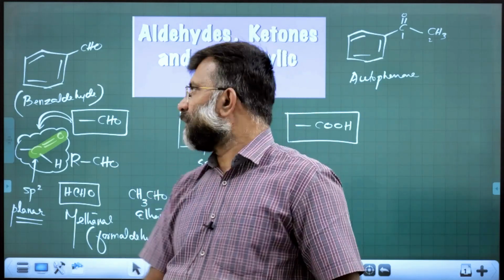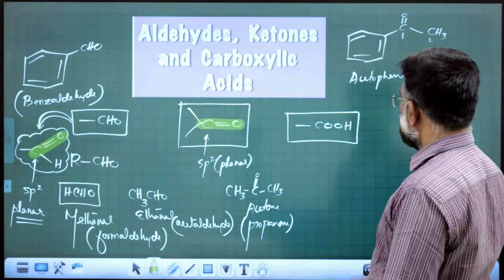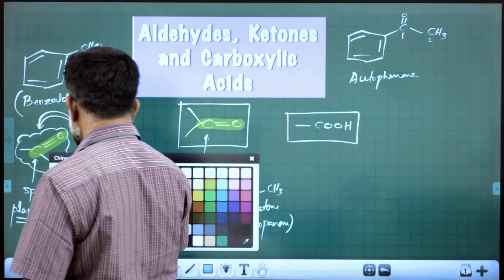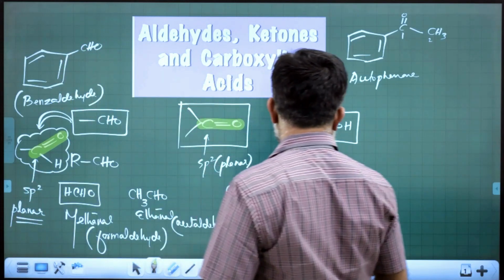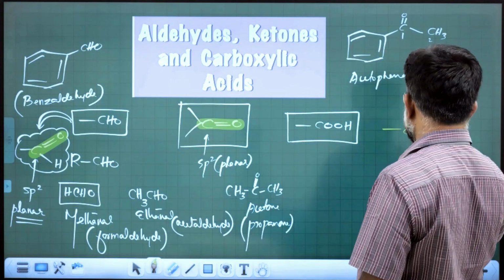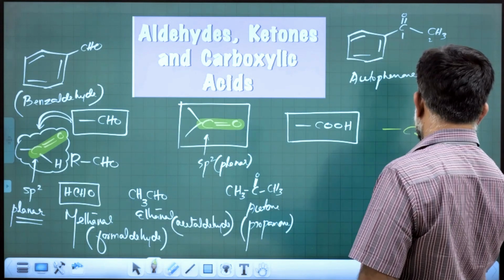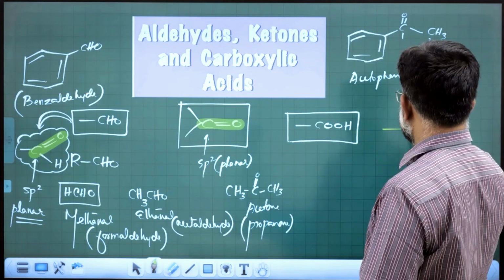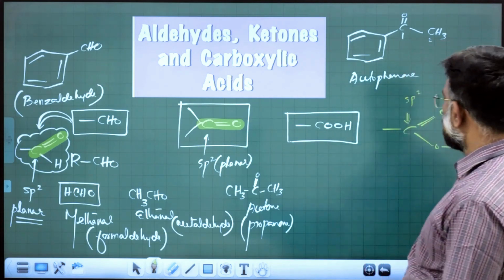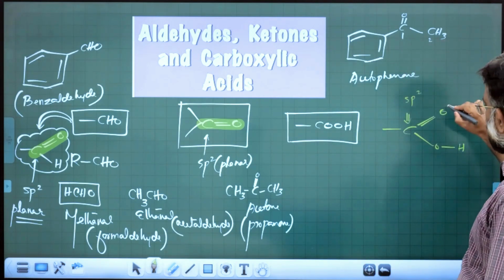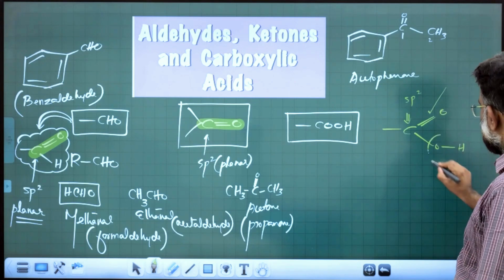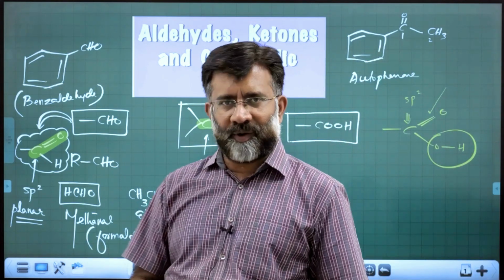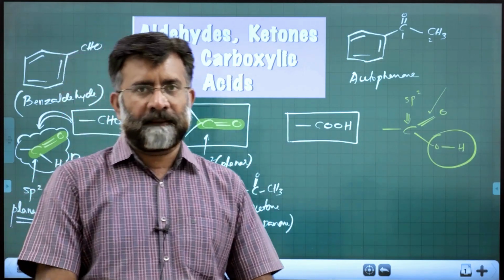Okay. While coming to carboxylic acid, it is COOH. The structural entity will be COOH, like this. Once again, this is an sp2 carbon and is called a carboxylic acid. There is a carbonyl group and there is a hydroxyl group, together called a carboxyl group.